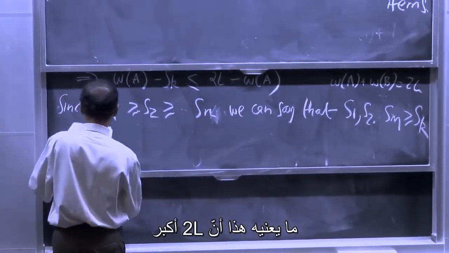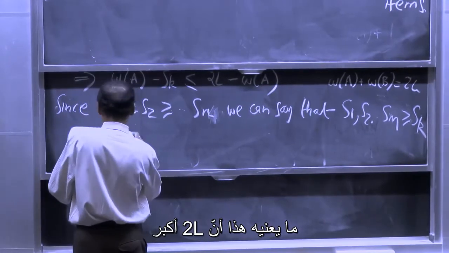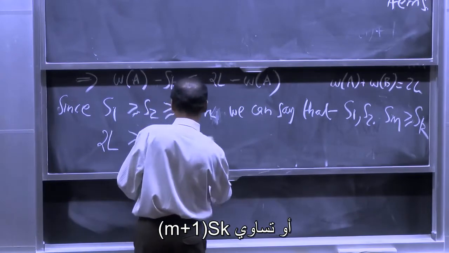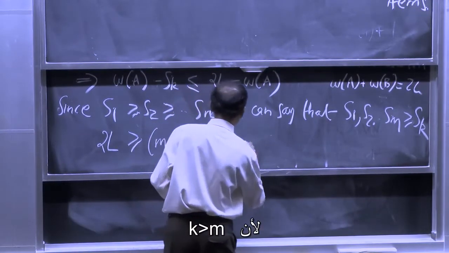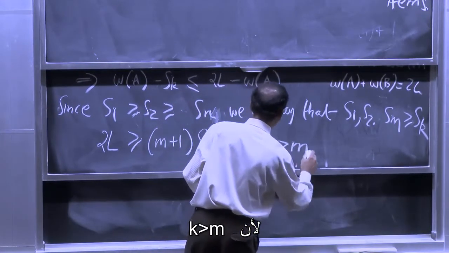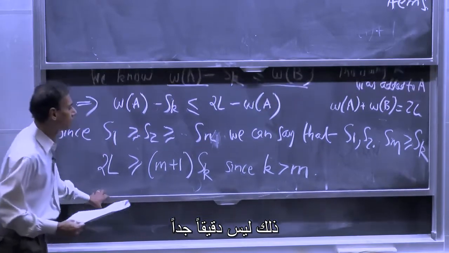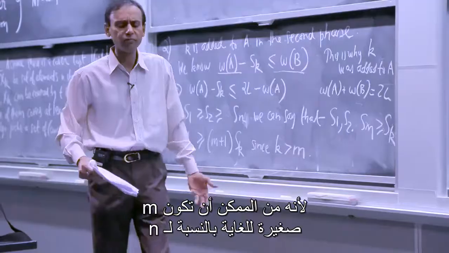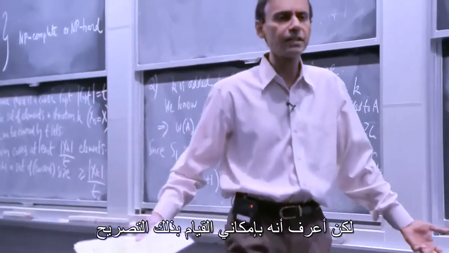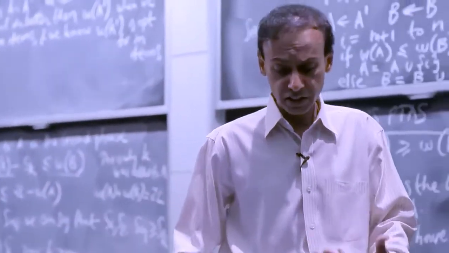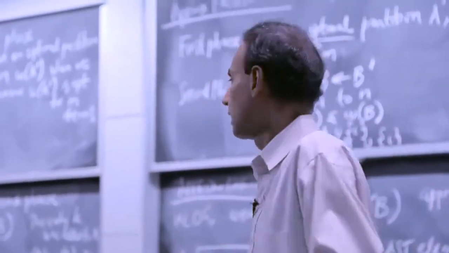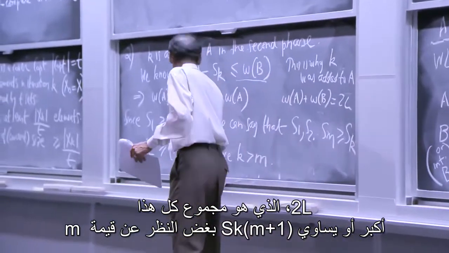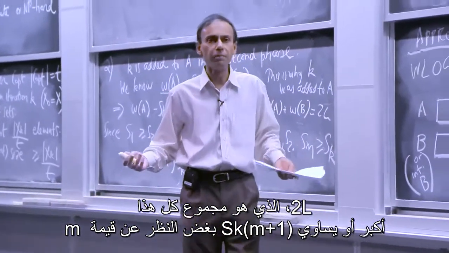So what that means is 2L is greater than or equal to m plus 1 times Sk, since K is greater than m. Again, this is not particularly tight because m could be really pretty small in relation to n, but I do know that since the values are decreasing, 2L, which is the sum of all of those, is greater than or equal to m plus 1 times Sk, regardless of what m is.